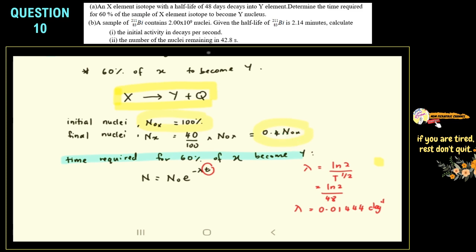So let's write the value. So 0.4 N naught X, and this is the initial value of X. And then the decay constant is 0.0144 per day. Okay, so this one we can cancel.